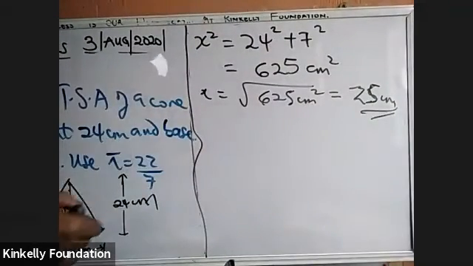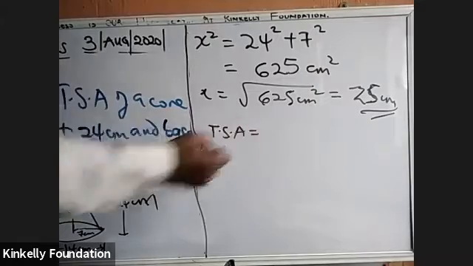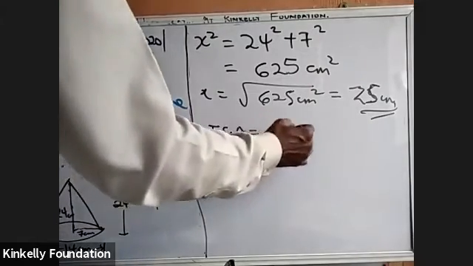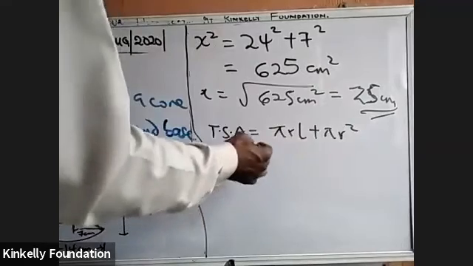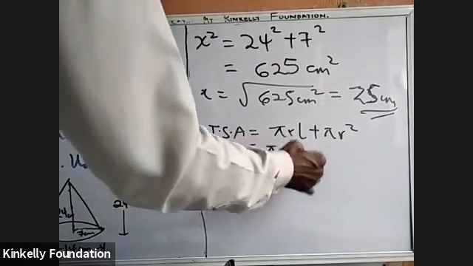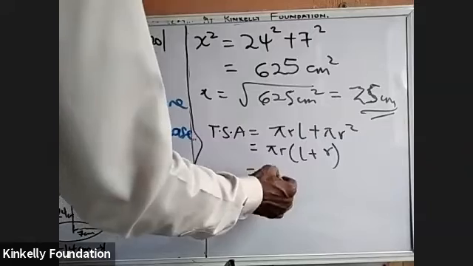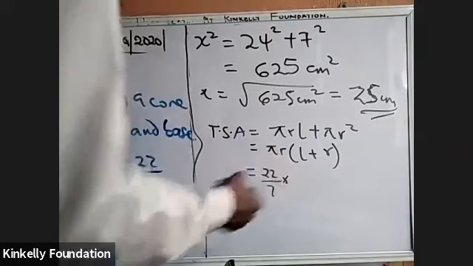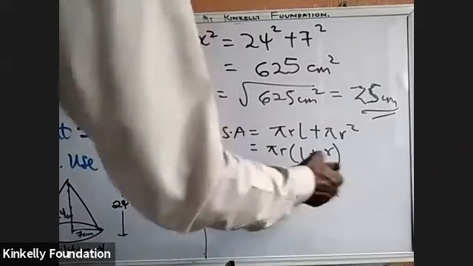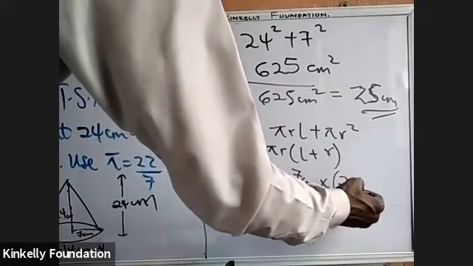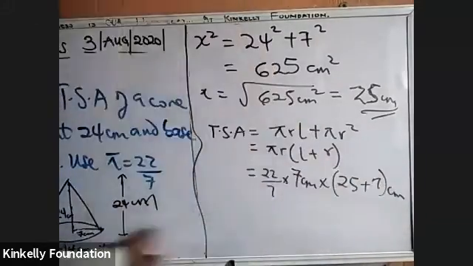So TSA is equal to pi r L plus pi r squared. Or you can bring it together as we have before. Now this is 22/7 times r, which is 7 cm, times the length, which is 25 plus 7 in cm.